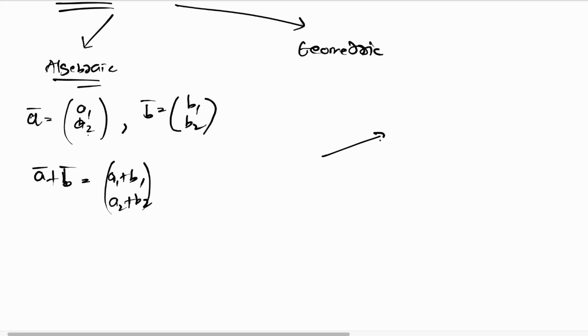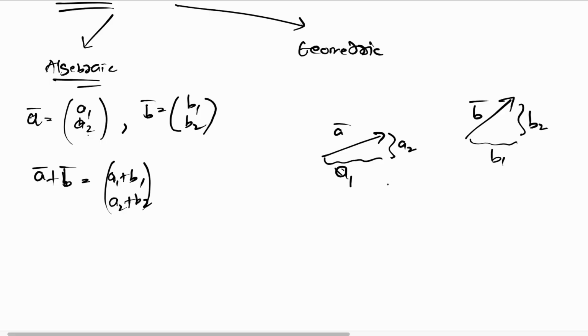So I'll just randomly represent a bar as a vector and b bar as a vector somewhere else here. So this is marking the x step, which is a1, and the y step, which is a2. For vector b, x step b1, and y step b2.